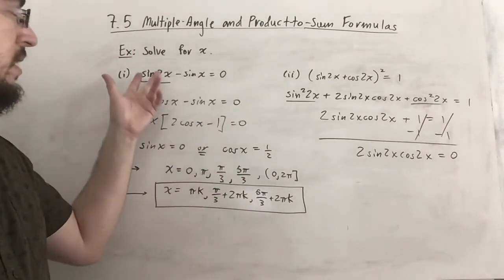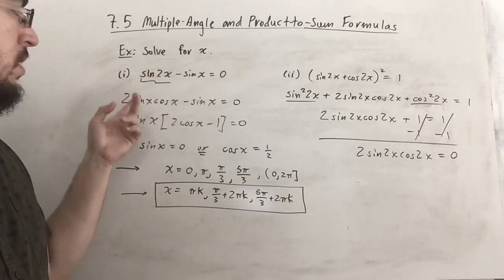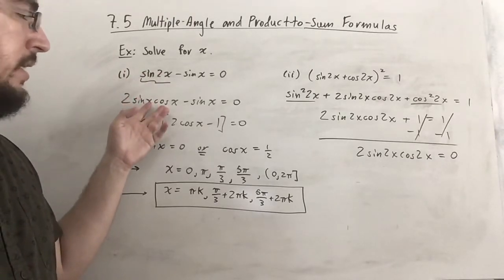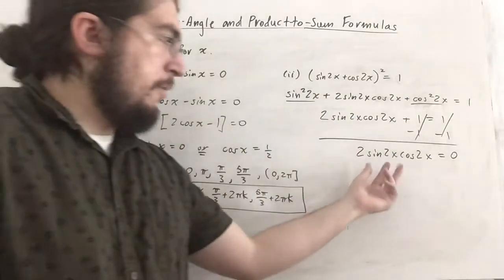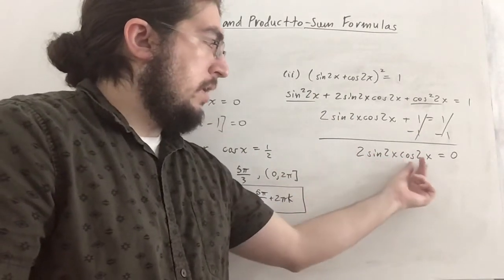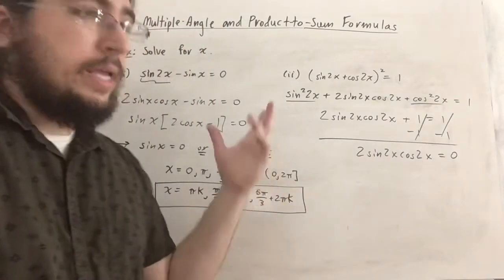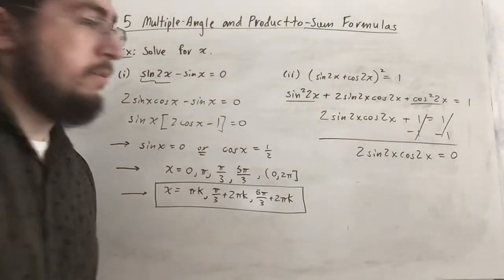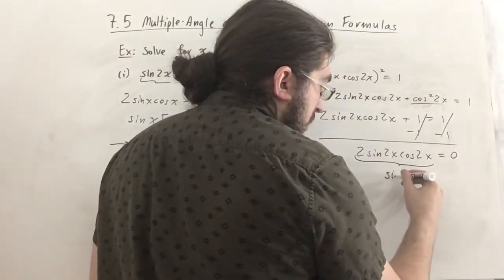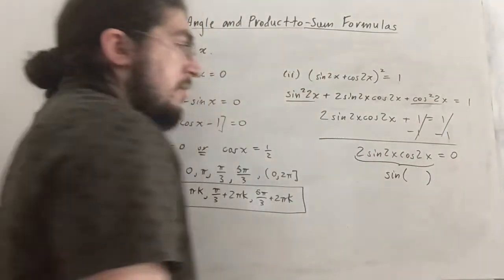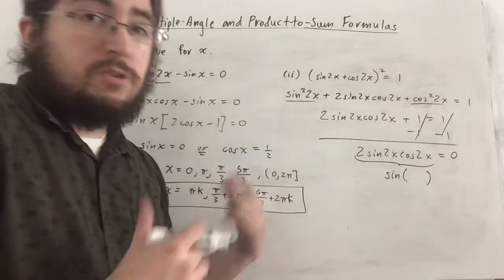It was this: sine of 2x is 2 sine x cosine x. And look at this. 2 sine times cosine of the same argument is sine of double that angle. So that means we can actually write this whole thing, believe it or not, as sine of double the angle. Now the angle here is 2x, so if you double that, you get 4x.